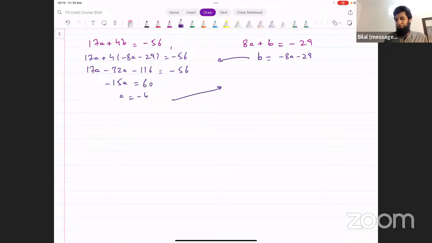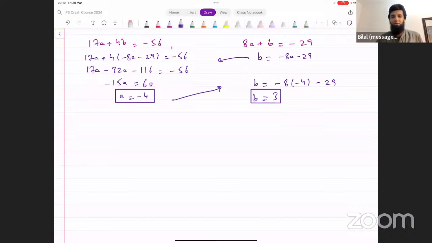Put that in the other equation. That will give us the corresponding value for b. That's minus 8 times minus 4 minus 29. And that's 32 minus 29. That's 3. The value of b turns out to be 3. So a equals minus 4 and b equals 3. That is what we were looking for.